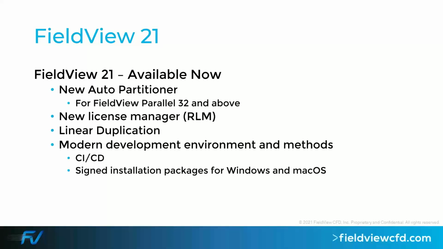Okay. So this next one is actually not a question, but a comment from a member of our FieldView team. It's a note that says you can fix the number of cores used by the Auto Partitioner, even when you're reading on a different system, by using the server config or .srv file.